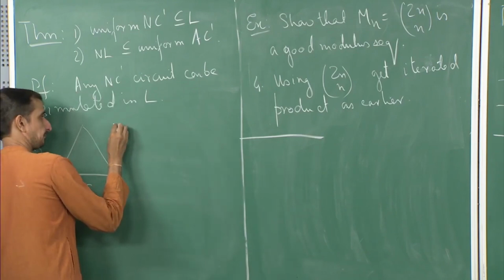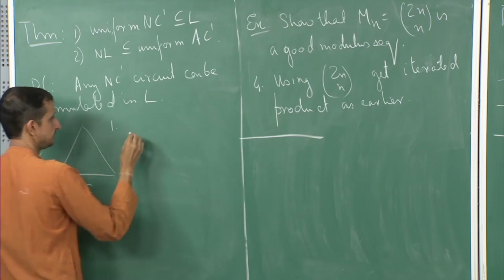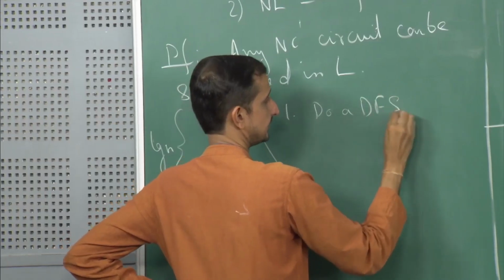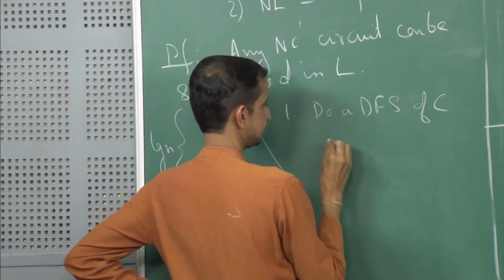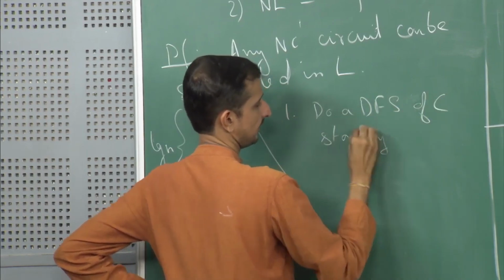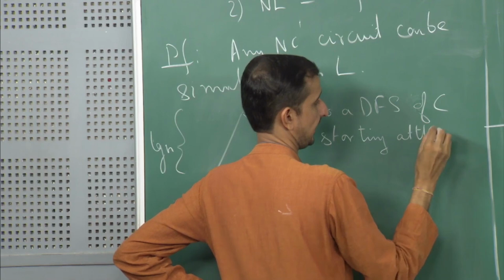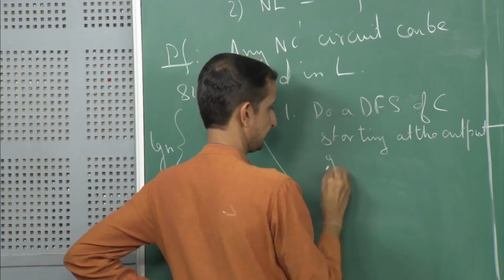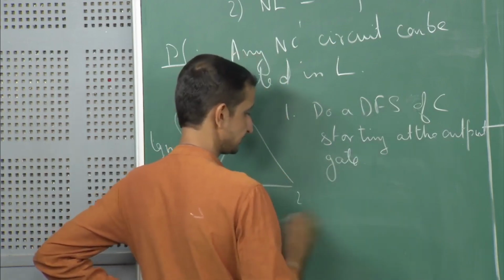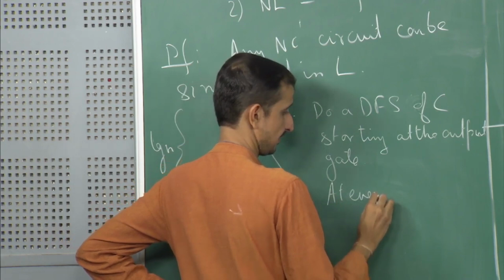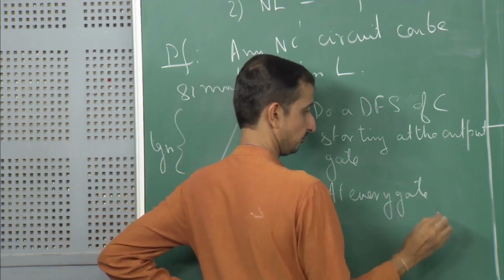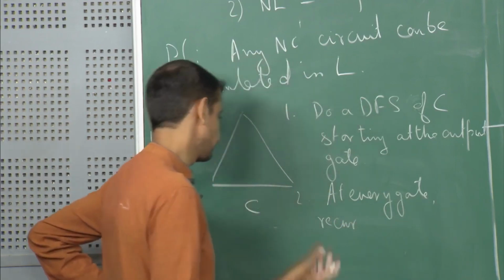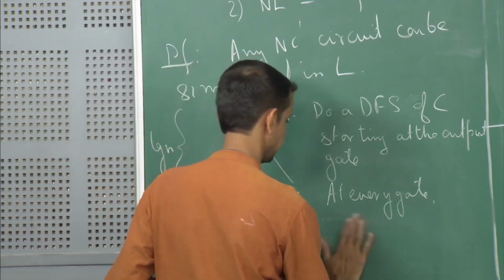So, let us look at the algorithm. The algorithm is, as I said, quite simple. Do a DFS of C starting at the output gate, and what do I do in the DFS? At every gate, you can do this recursively, or you do not even have to have a recursive algorithm, you can design an iterative algorithm for this.